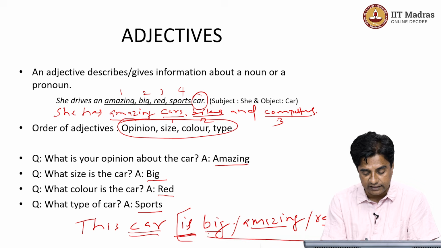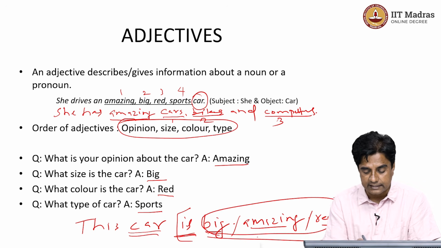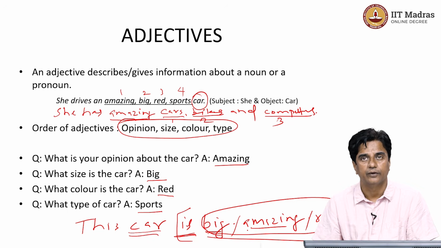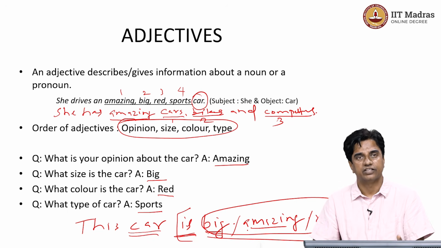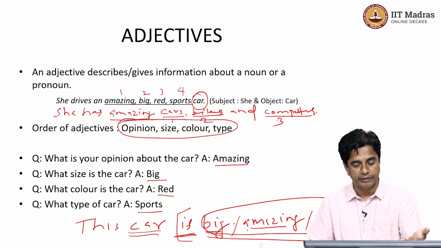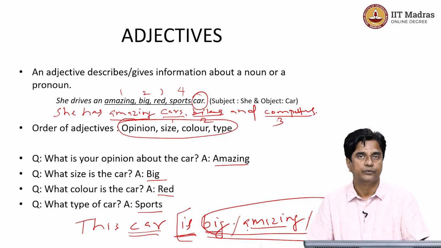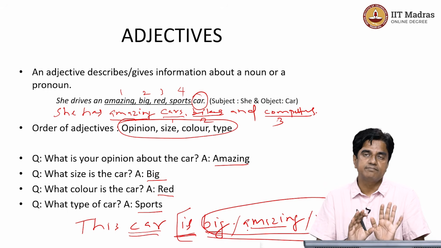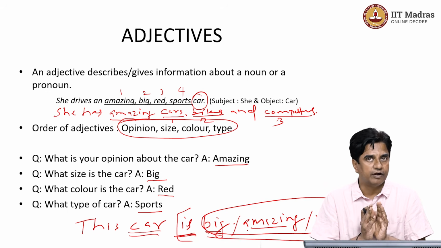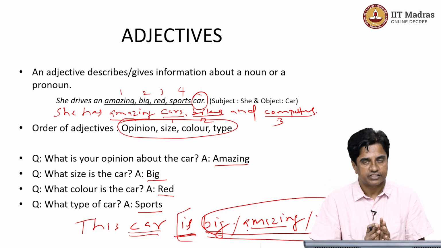So in the position of a predicate, these adjectives do come, but they still modify the noun. That is, they give us information about the opinion, size, color, types, and etc. about the noun.